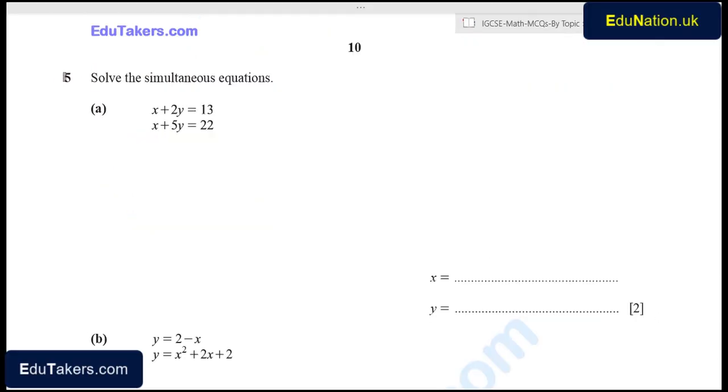Next is question number 5. Solve the simultaneous equations. Part A is x + 2y = 13, x + 5y = 22.